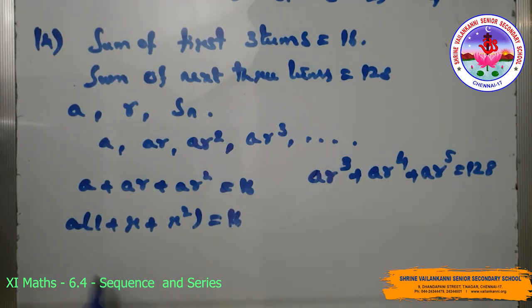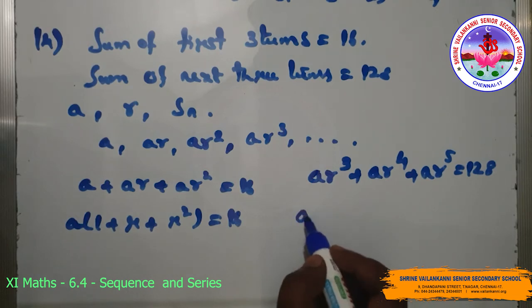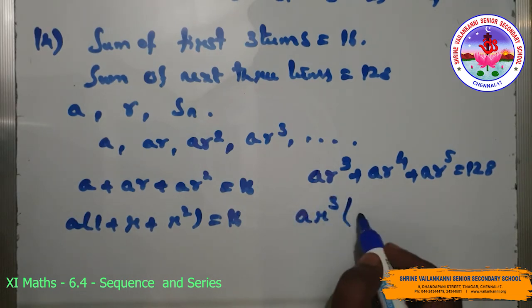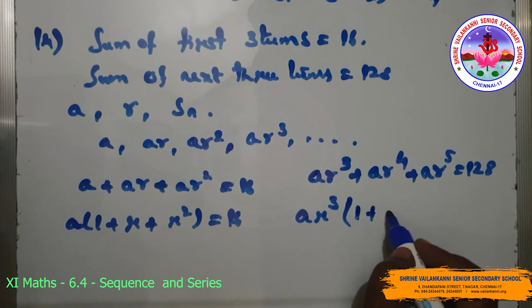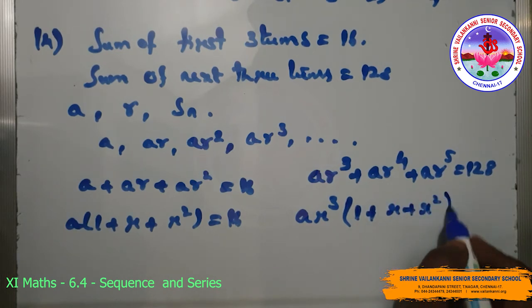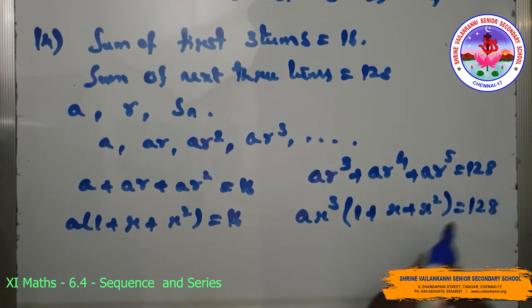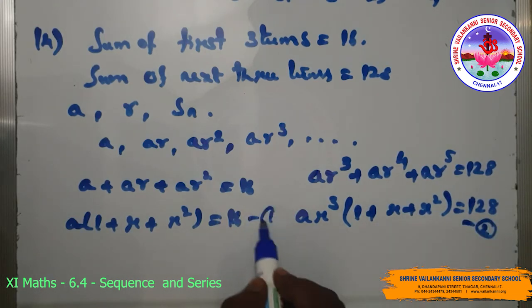Here we can take A common, A into 1 plus R plus R square, which is equal to 16. Here we can take AR cube common. So AR cube into 1 plus R plus R square, which is equal to 128. So let's take this equation as 2 and this one as 1.